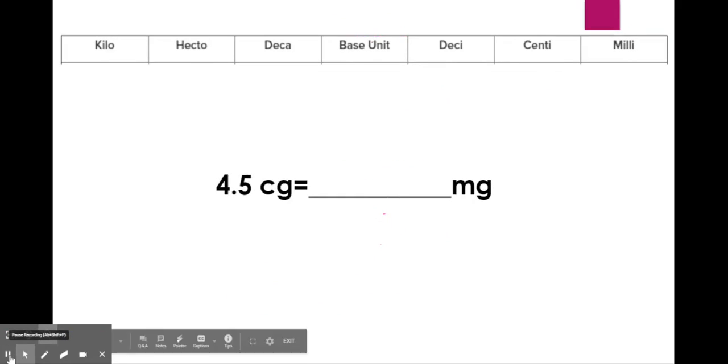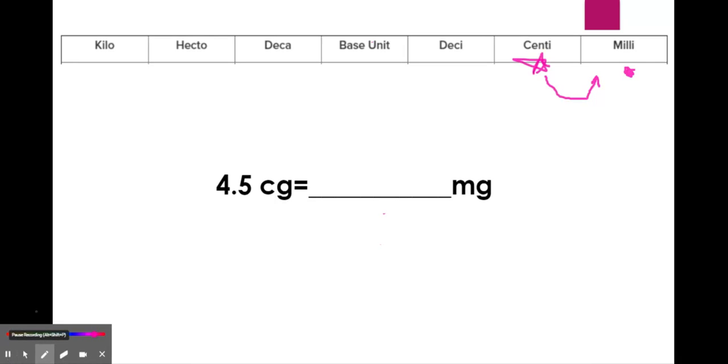Next, 5 centigrams equals how many milligrams? Pause the video, and I would like for you to go ahead and put a star where you start and a circle or a dot where you are ending. All right, so your star should be near centi and the dot should be near milli.